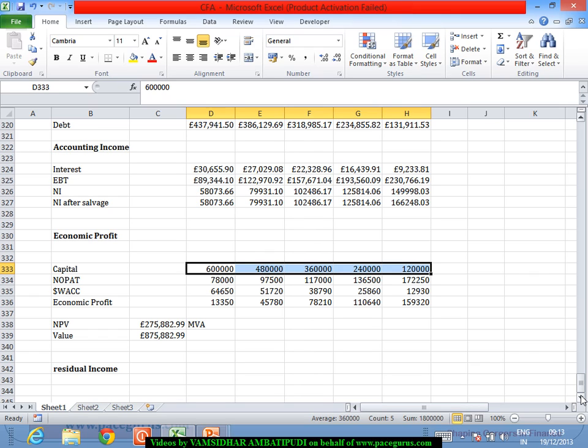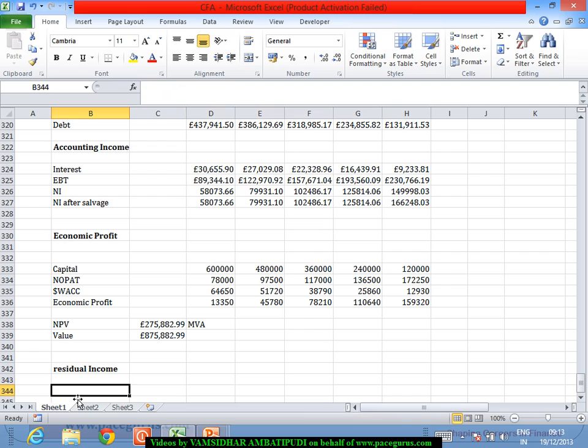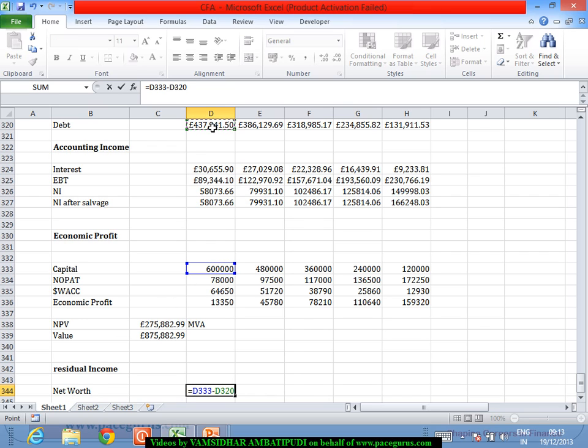The equity portion of the investments per each of the years, which is nothing but the net worth. Based on those two, I can very well compute the net worth in each of those years, which is nothing but the value of the asset minus whatever is the debt.